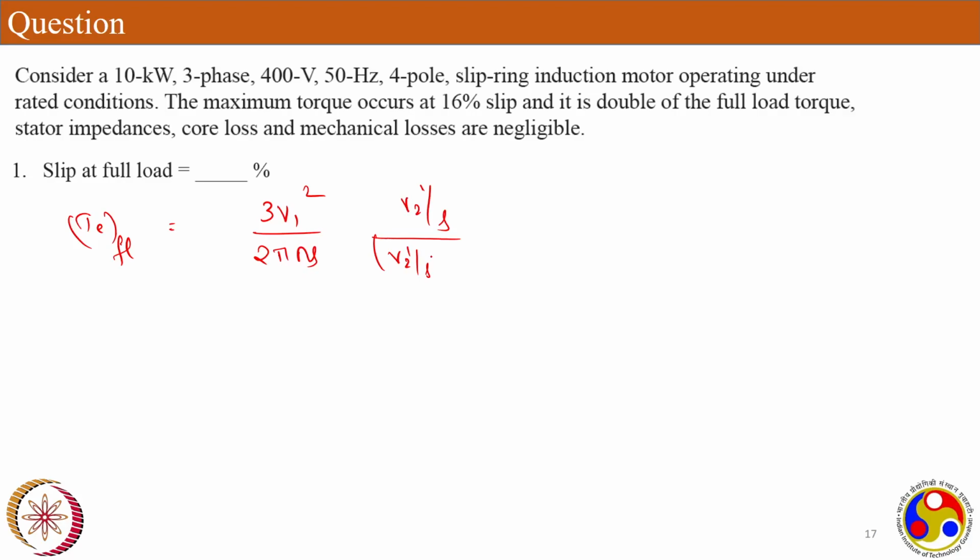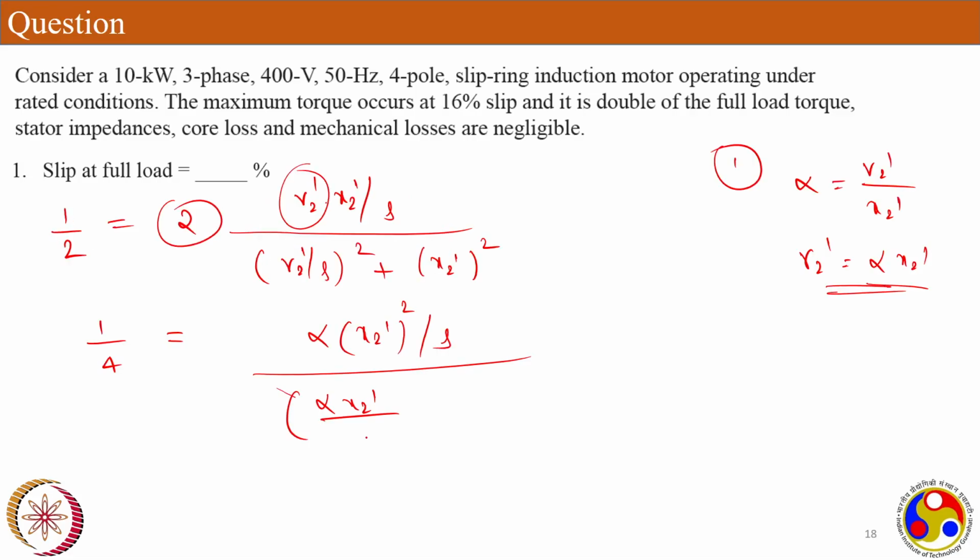And in the bottom we have R2 dash, this is alpha X2 dash by S whole square plus X2 dash whole square. See, now we have X2 dash square everywhere, we can cancel it, and you will be left with alpha by S divided by alpha square by S square plus 1.